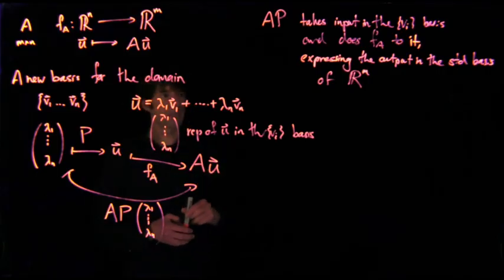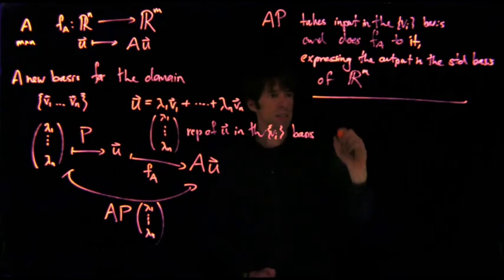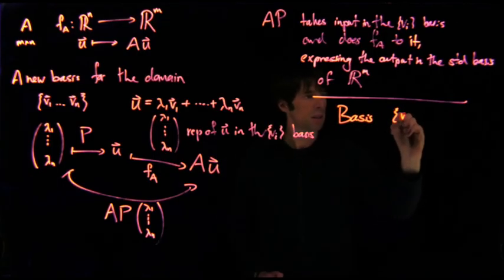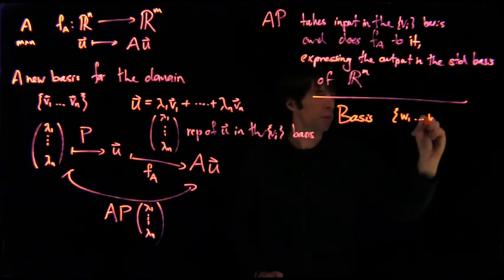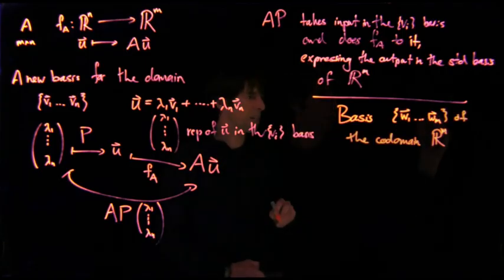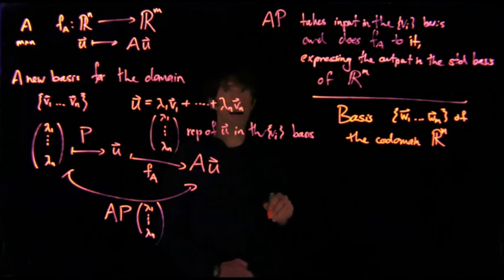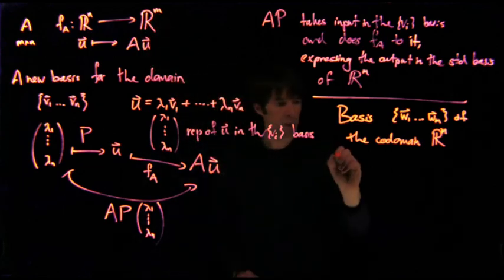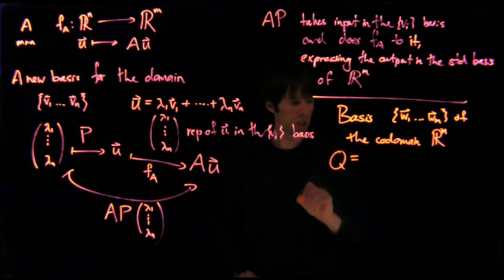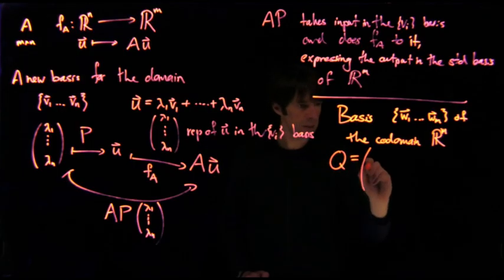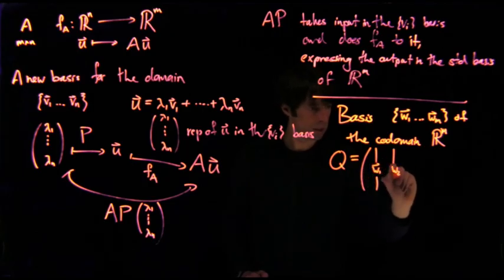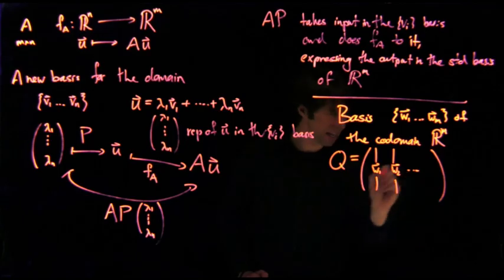What about changing the basis of the output? So let's suppose that we have a basis w1 up to wm. This is a basis of the codomain Rm, so the place where the output vectors are living. And we can make from this a matrix Q, which is going to have columns w1, w2, and so on.